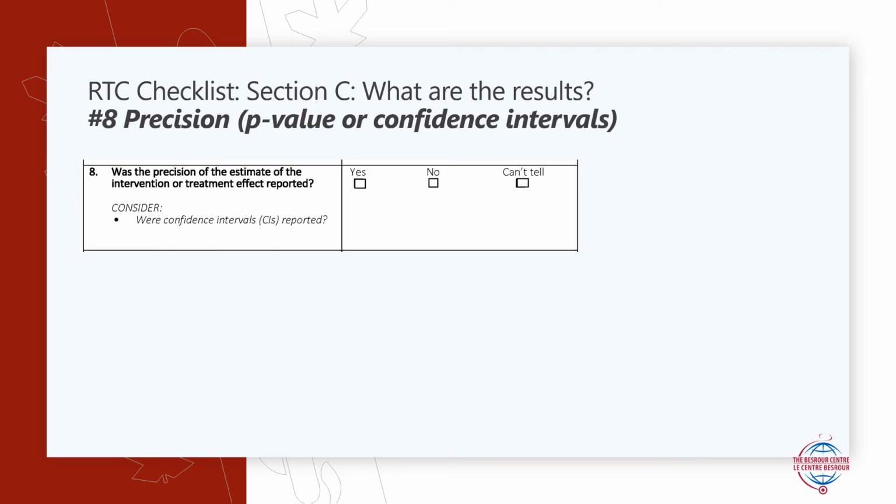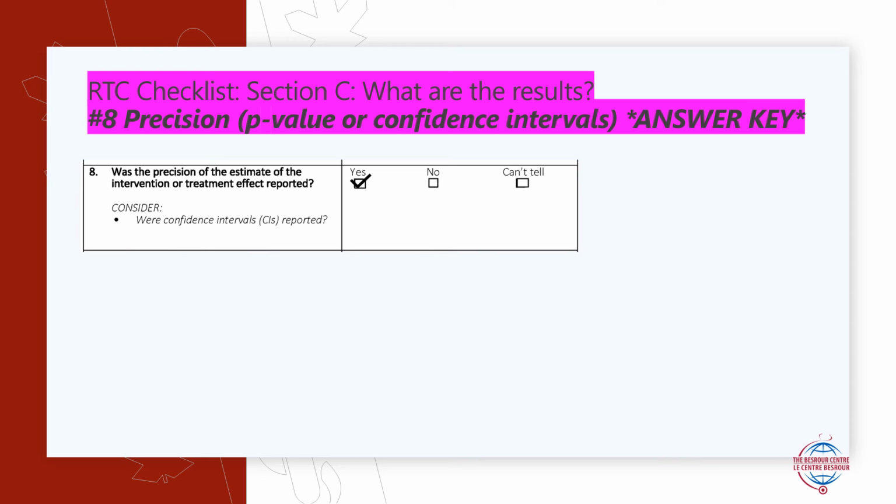The next question in considering the results is around precision. So whether the authors reported p-values or confidence intervals, one or the other, as a part of the study results. This overlaps a little bit with the previous question, but it's an important enough consideration that we want to really think about it and look for this kind of reporting.